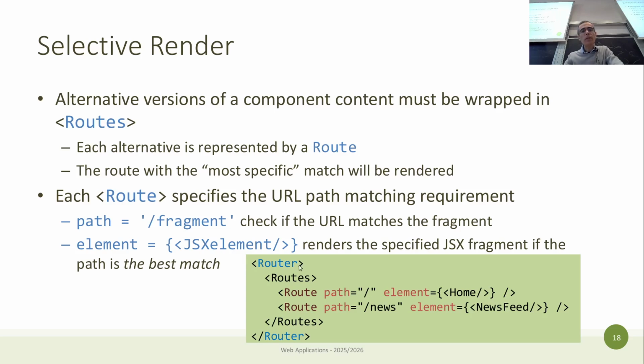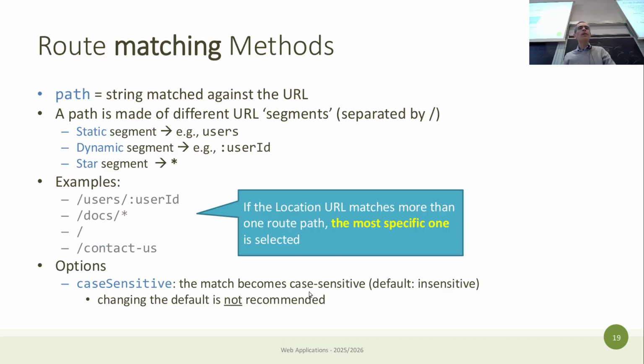So router, that's a browser router that we already included in the main.jsx, and Routes and Route. Okay, route matching methods. Of course, there are a set of rules to decide what to render, in case there is a URL that doesn't perfectly match any of the paths that you specified.